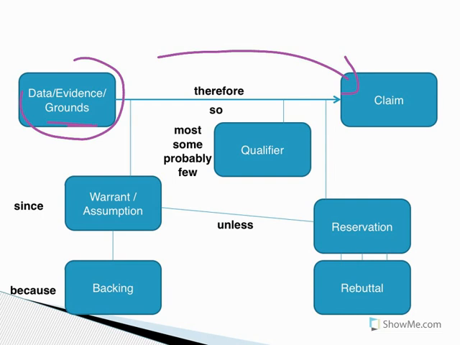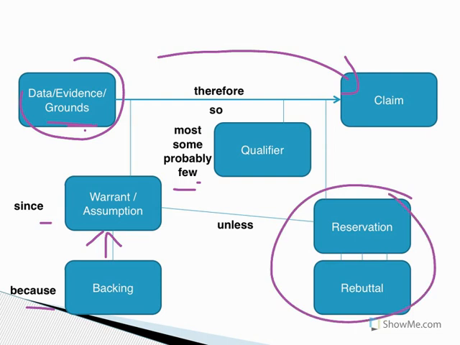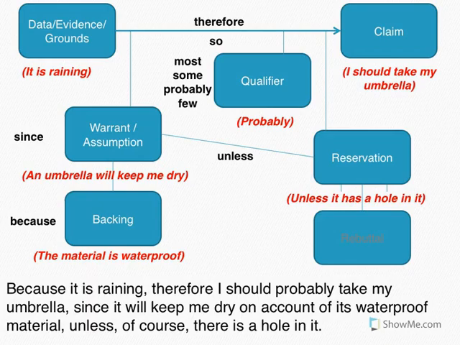So we have our data, since this, and because of that, in relation to our evidence to back up our warrant, we have our qualifier and its words, unless, of course, something along these lines happen, and that is our counter argument. Let's look at one more, and then we'll be done.